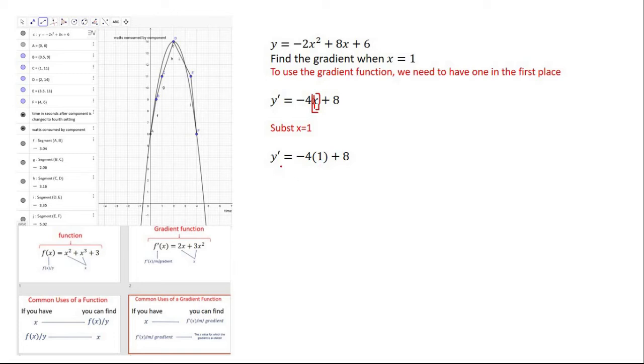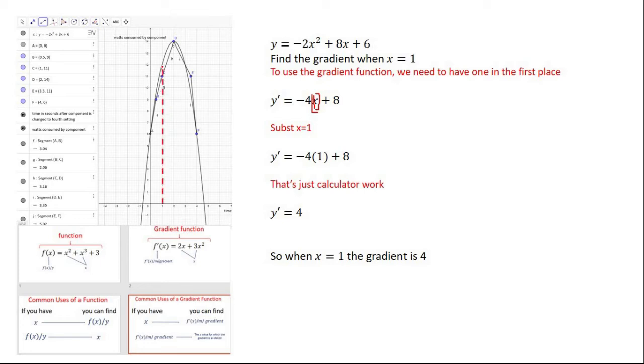Now you ask yourself, do I need algebra, or do I just put that in my calculator? Looking at it, it looks like I just need to put it in my calculator. I can solve it entirely with numbers. So I put it in, and I get y dash equals 4. So this tells me that when x equals 1, if I go up from x equals 1 till I hit my function, over here the gradient is 4.